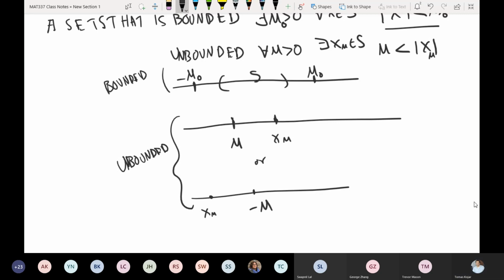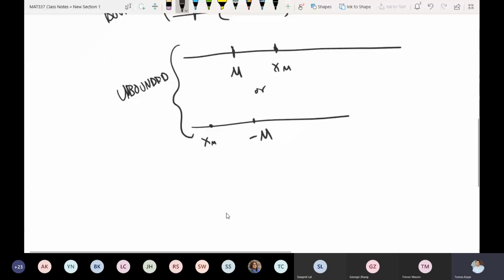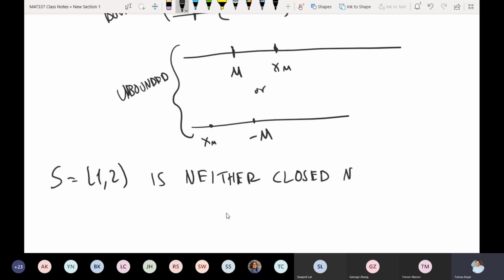So the set [1, 2) is neither closed nor open. Is that okay, Xinyu? Okay. What else?